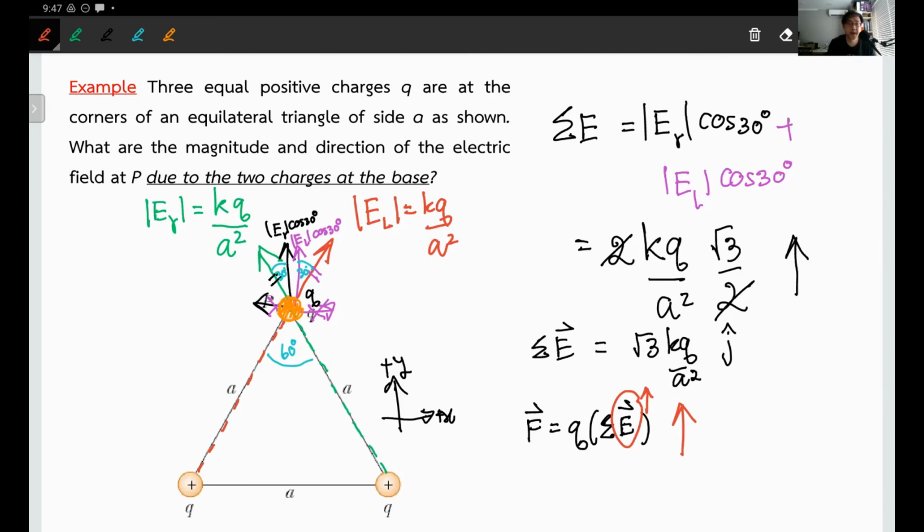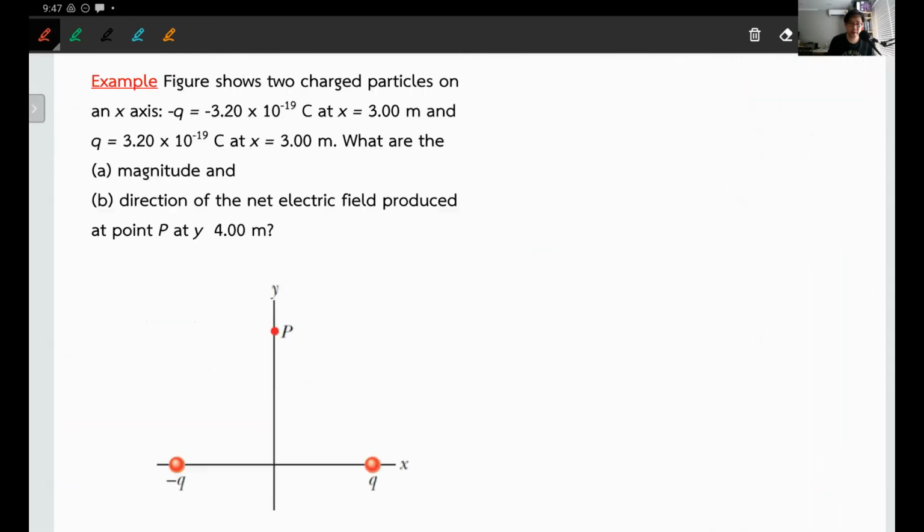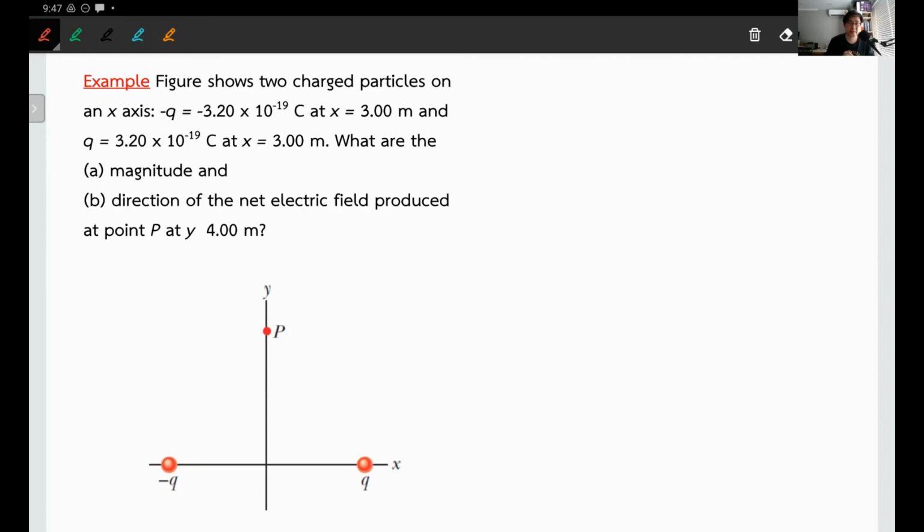So it seems to me, once you know how to calculate the electric field, the force is no issue. Cool? I know you guys are kind of quiet, but I hope everything is going well at this point. All right, you guys try this.